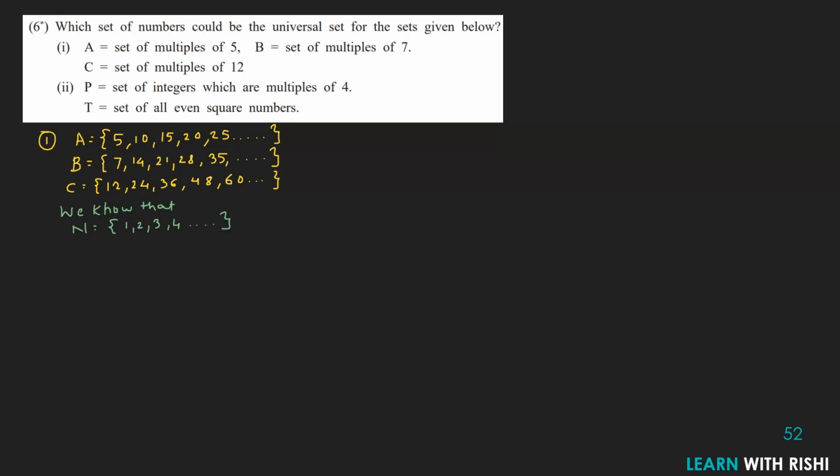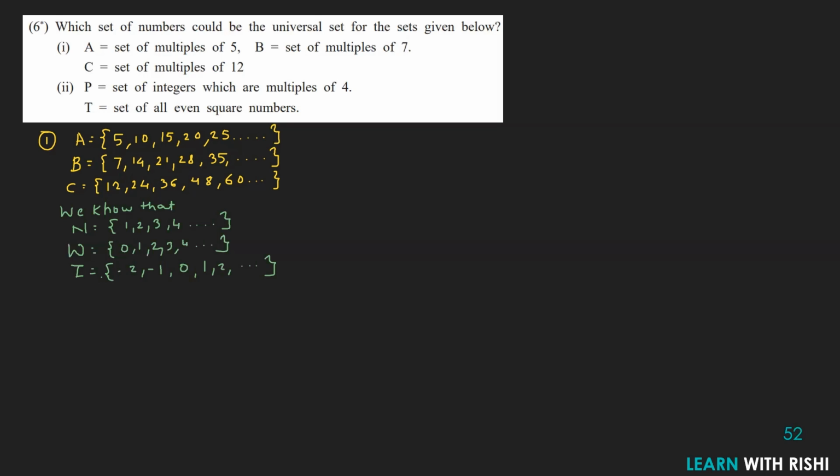Also, we can write another set, whole numbers: 0, 1, 2, 3, 4, and so on. You can write integers: -2, -1, 0, 1, 2, and so on. Right. So any of these sets you can take as a universal set.